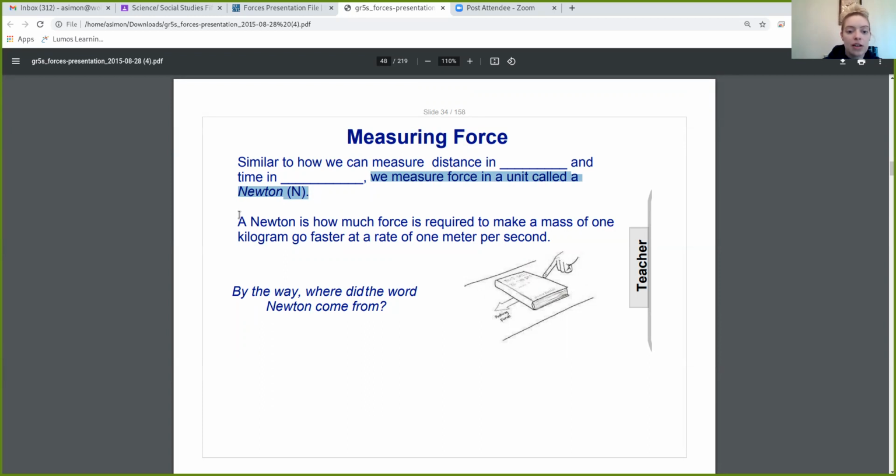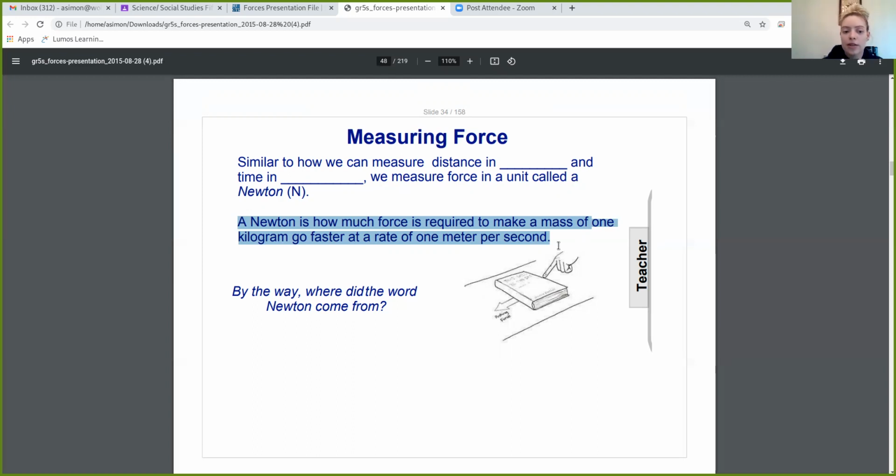And specifically, a newton is how much force is required to make a mass of 1 kilogram go faster at a rate of 1 meter per second. So, how much force is required to make that object move at 1 meter per second?